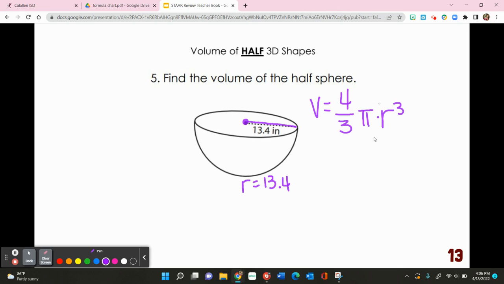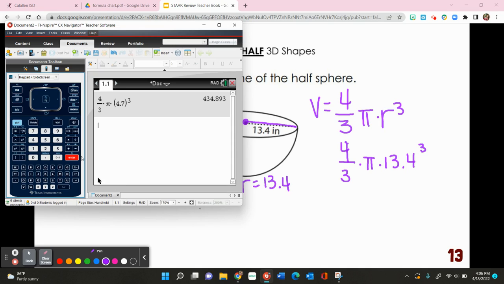Now we're going to plug this back into our problem. So here, this is 4/3 times pi times 13.4 cubed. So let's go ahead and type this in. So we're going to start off by pressing Control Divide, 4 on top, 3 on the bottom, times pi times 13.4 cubed.